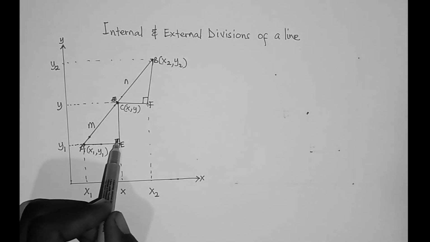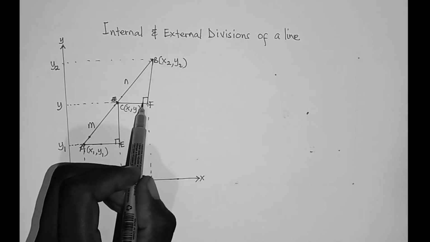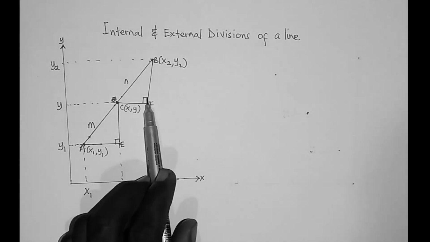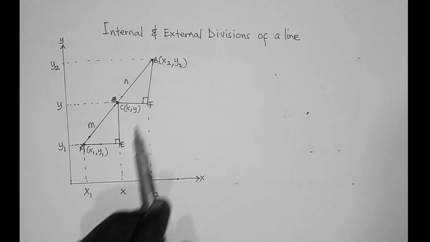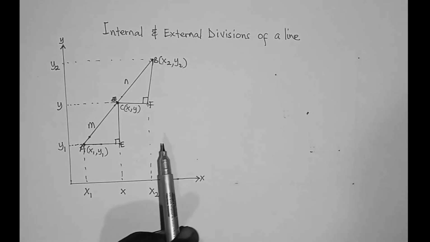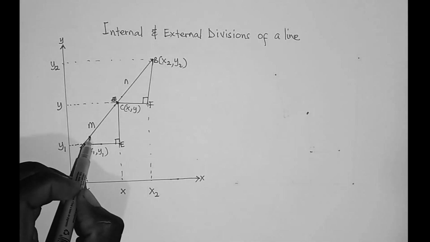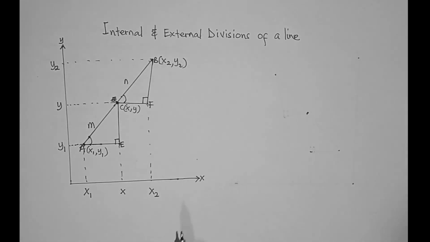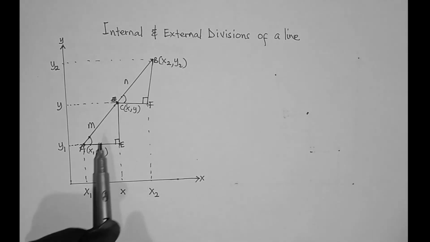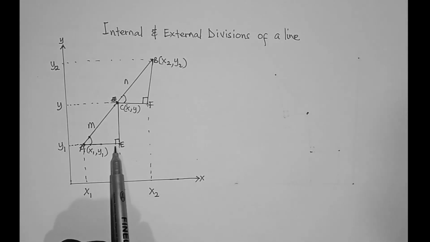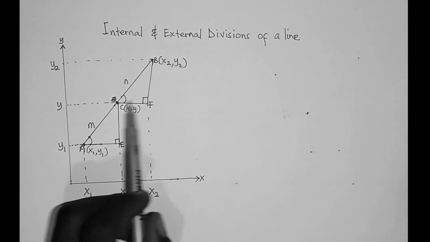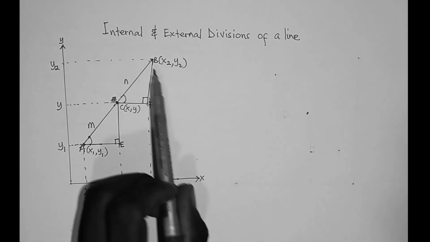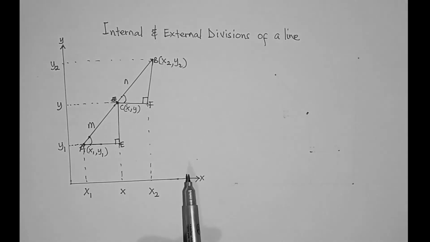So you see that this is 90 degrees and this place is also 90 degrees. So this is one pair of corresponding angles that are equal. We need to find the second one. So you see that this angle and this angle are also equal. Because we have these two angles equal to the two angles of this triangle, it means that this triangle and this triangle are similar.